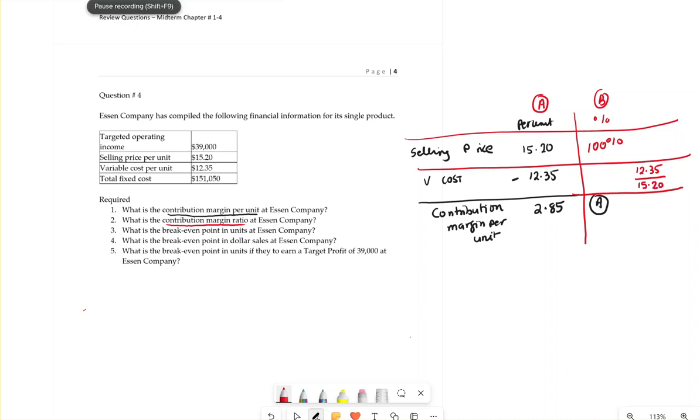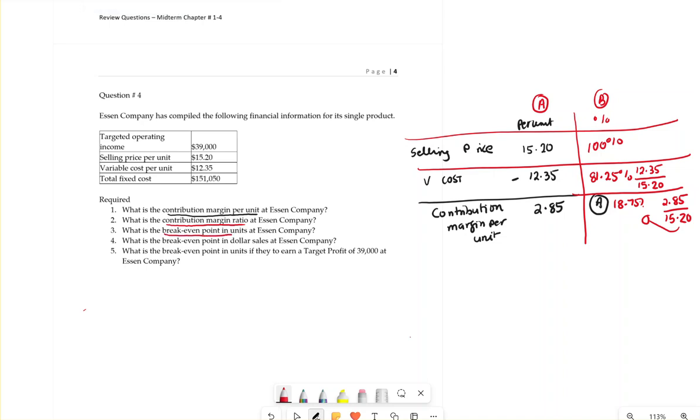In this case, you have to do it to 2 decimal places, and that is my 81.25%, and the other one is 18.75%. Either you take 100 minus the 81.25, or you can take $2.85 divided by your selling price, which is your 15.20, multiplied by 100 to be shown as a percentage.